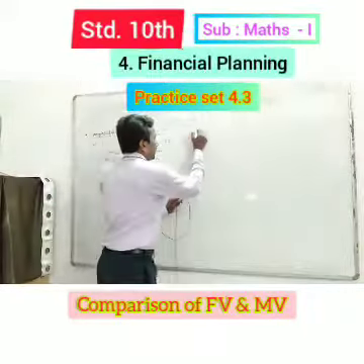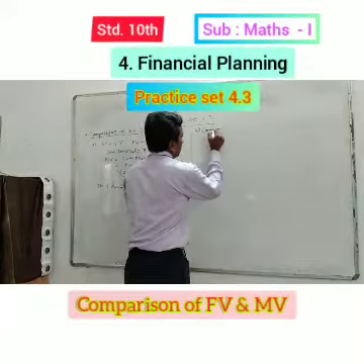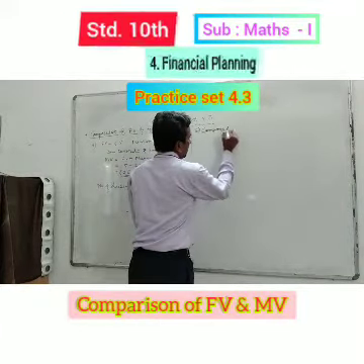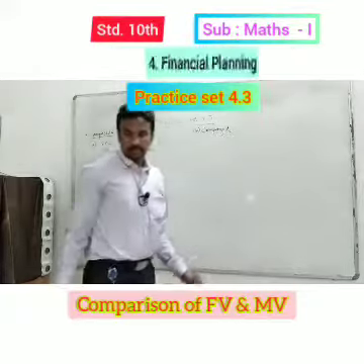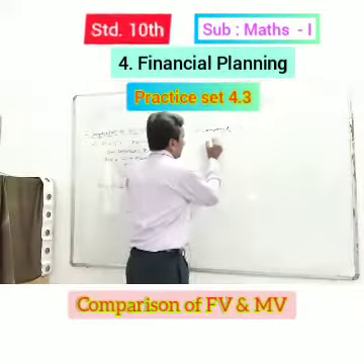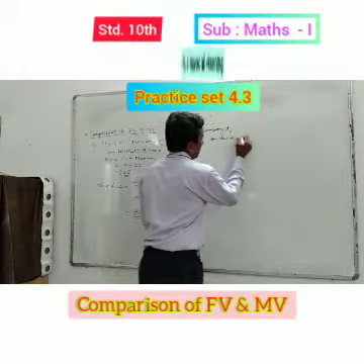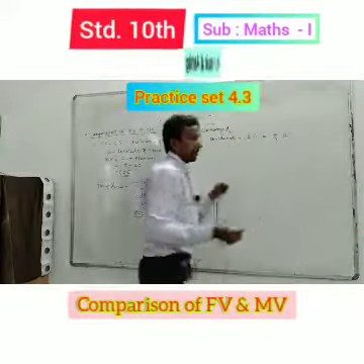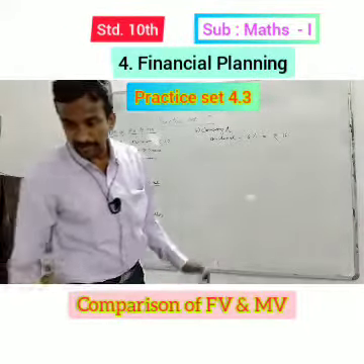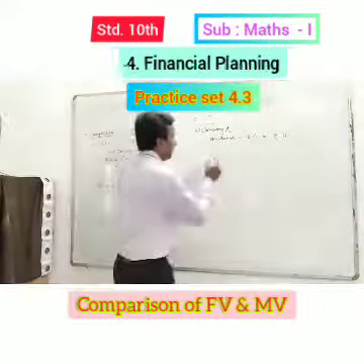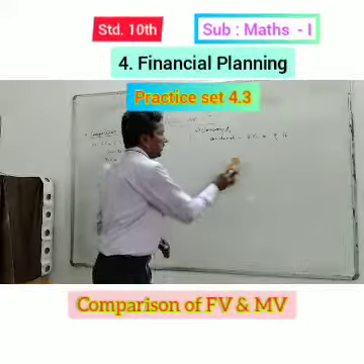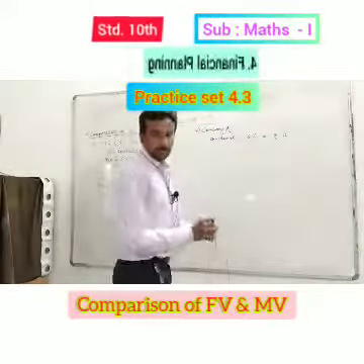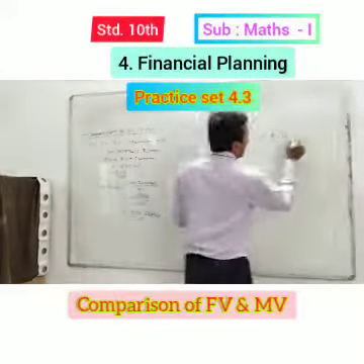Example number 6. In company A, dividend 16%, 16% means rupees 16 on rupees 100, and in company B, so we will see first company A. Market value of share is rupees 80.